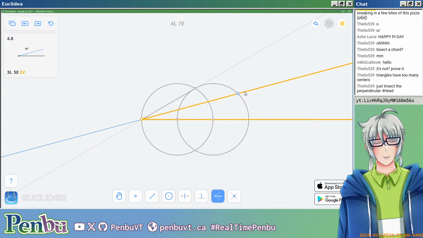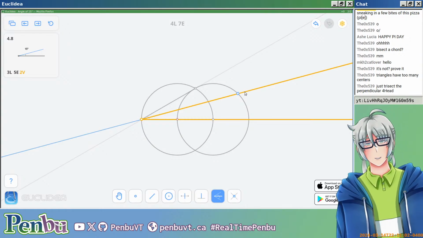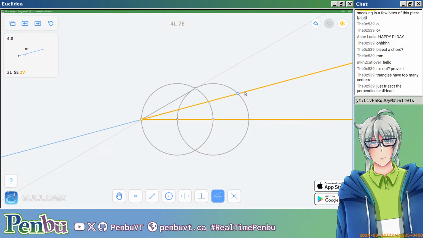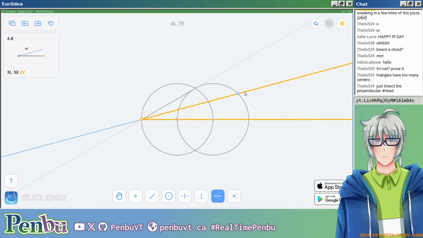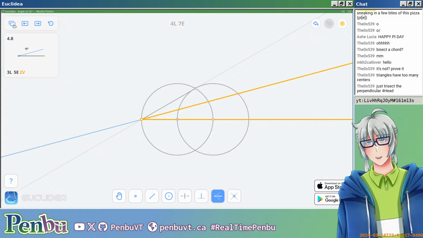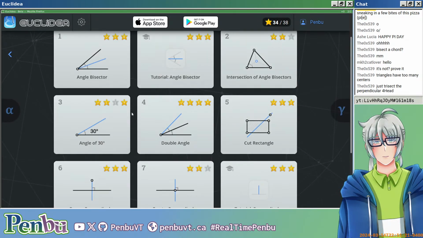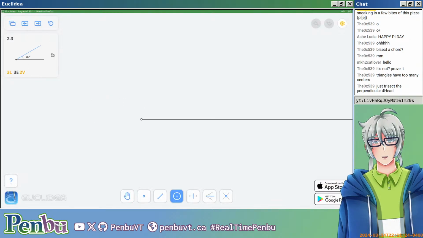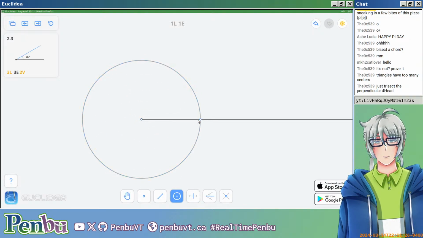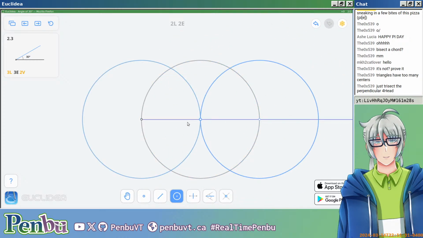I don't know why that's 30, but okay, that's 30. What does this mean? Wait a minute, didn't they ask for 30 degrees in one of the other ones? Angle of 30, that's how we do it for this one. I don't think this is what we did.